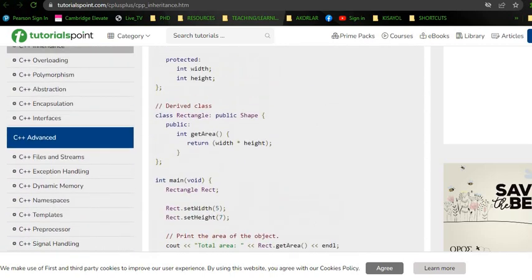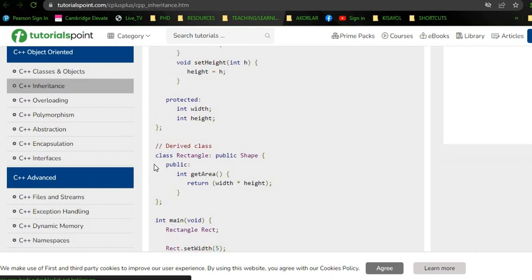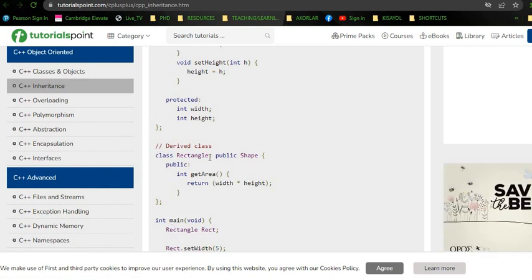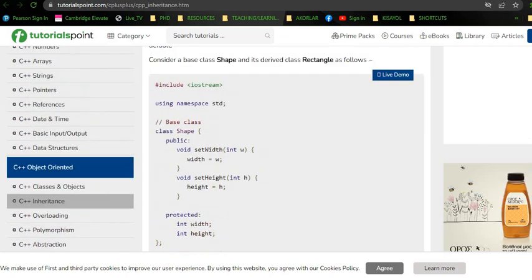For example, here, as you see, in the derived class we used public Shape, which means the type of the members in the base class will be as it is. The access modifiers will not change when you use public.